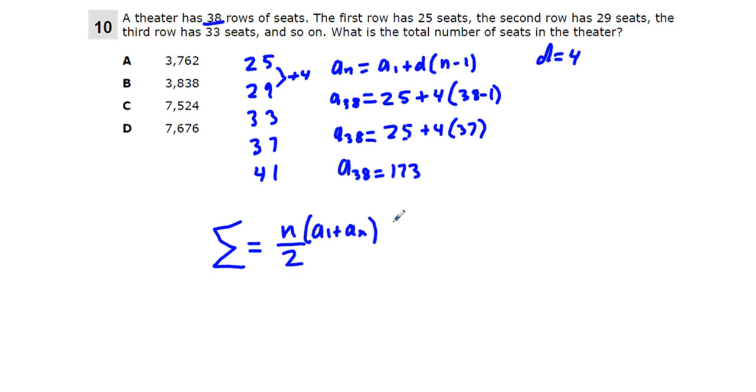And in our case, we have the number of rows, which is 38 over 2. And then our first row is going to be 25, and our last row is going to be 173. We're going to get a very large number. This isn't really too practical.